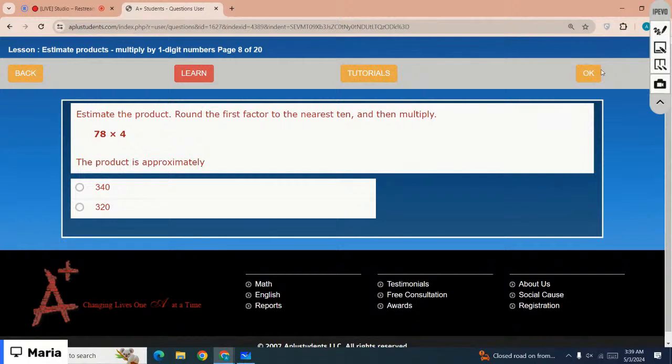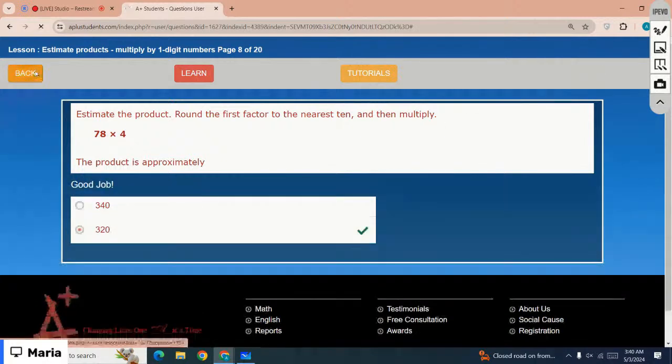So 78 is rounded off to 80, right? So 78 times 4 is 320. Okay, you can complete the lesson by yourself later today.